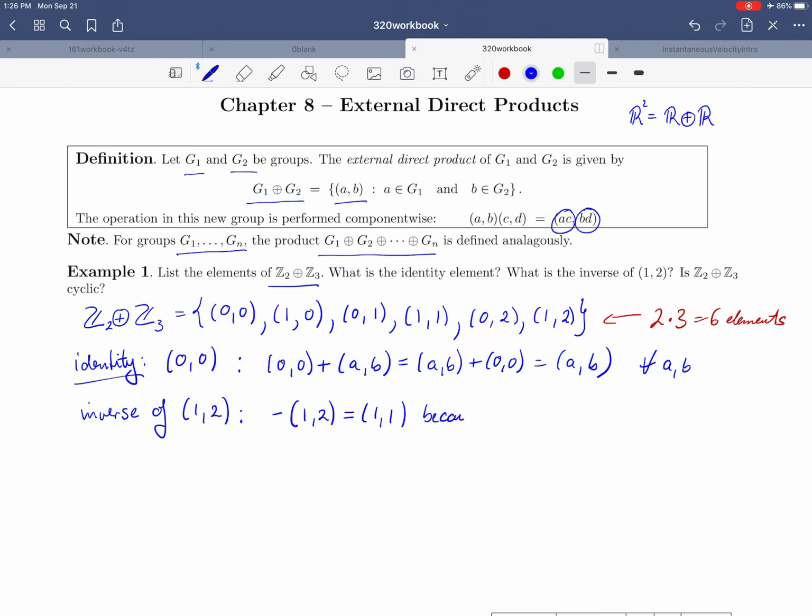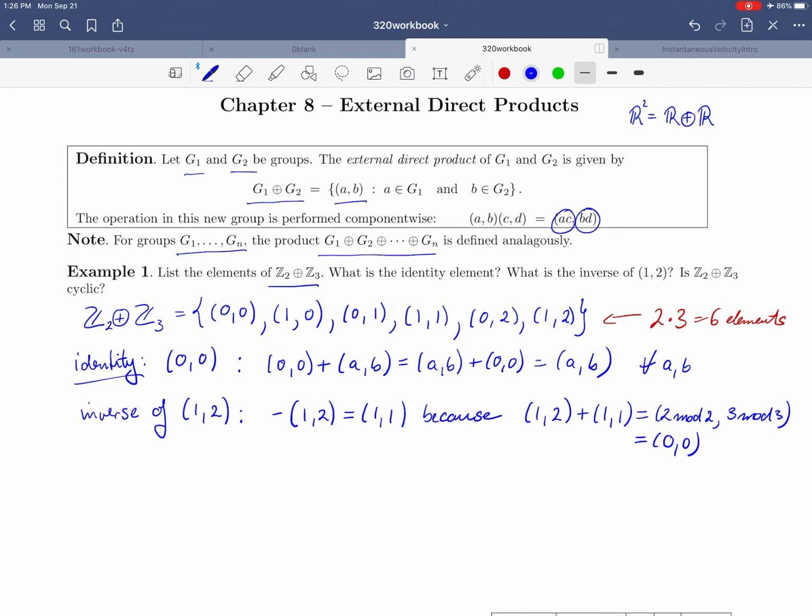Because when we take (1, 2) and add (1, 1), and all of this happens mod 2 and mod 3, we get 2 mod 2 and 3 mod 3, but that is (0, 0). So the inverse of (1, 2) is (1, 1).